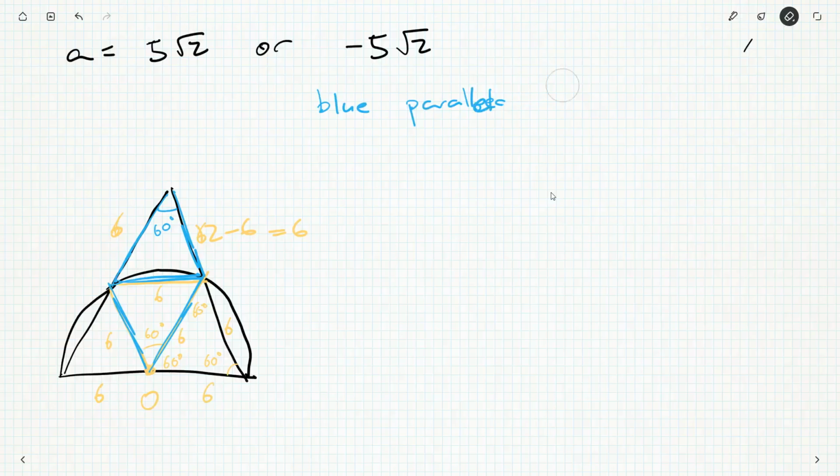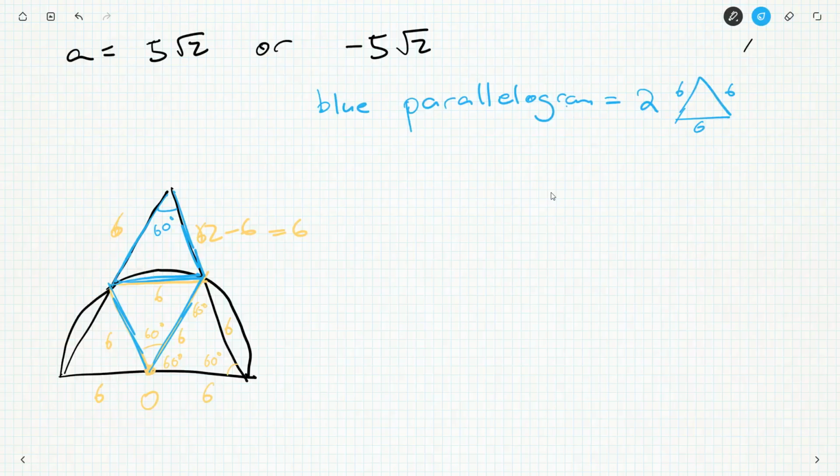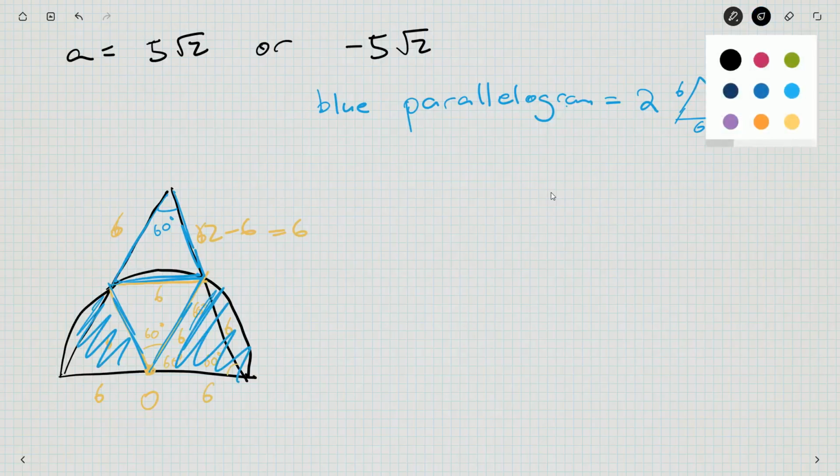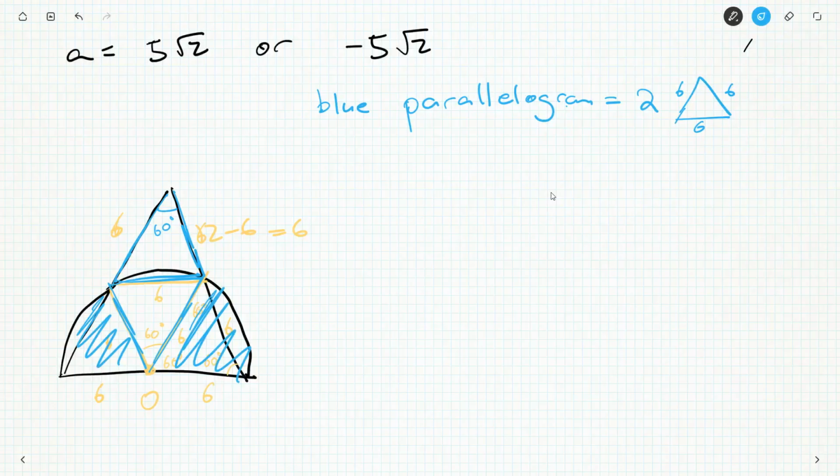So our blue parallelogram is just two copies of these equilateral triangles of side length 6. Now, I don't care about any of this other stuff. I just care about this blue parallelogram. So let's look at it in slightly more detail.